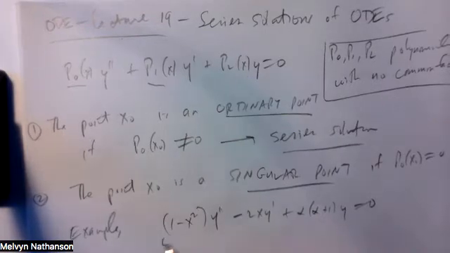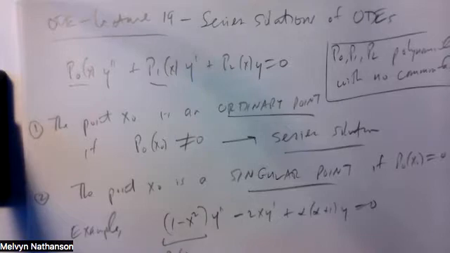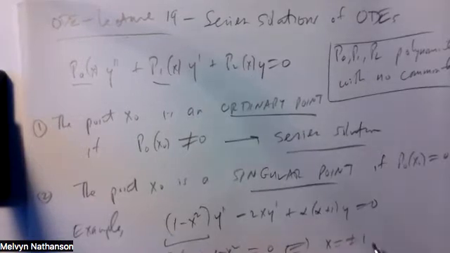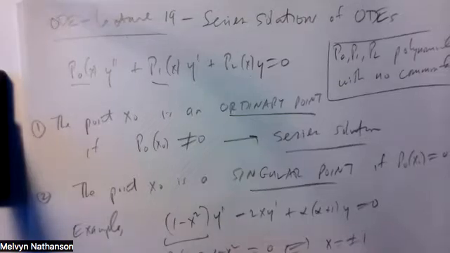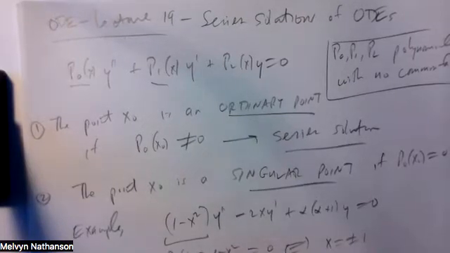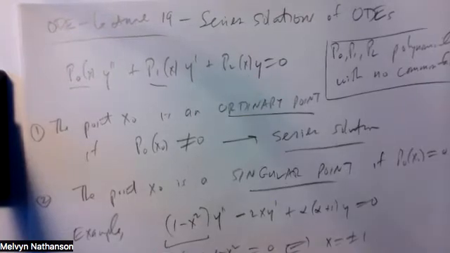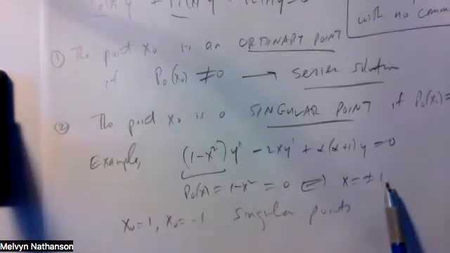Now, this is my P naught of x. And that's equal to 0 if and only if x is plus or minus 1. So for this differential equation, x naught equals 1, x naught equals minus 1 are singular points, because this is 0 at those two values. And for x naught different from plus or minus 1, we have an ordinary point.